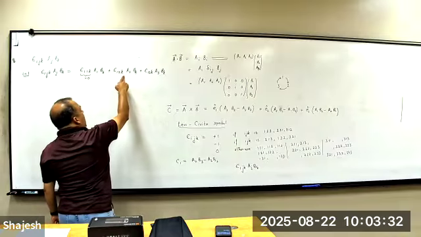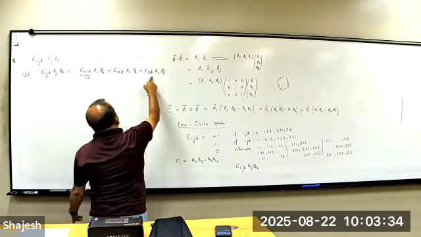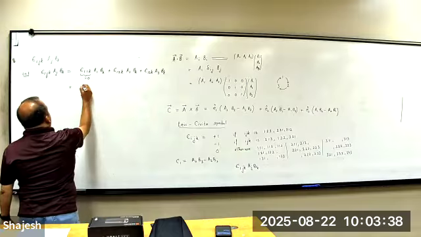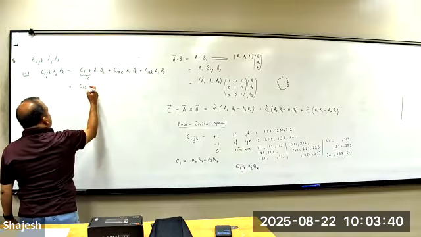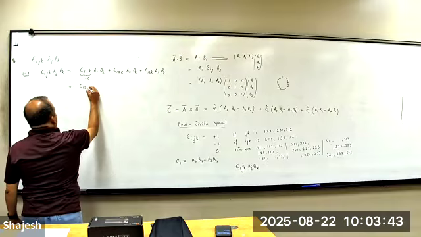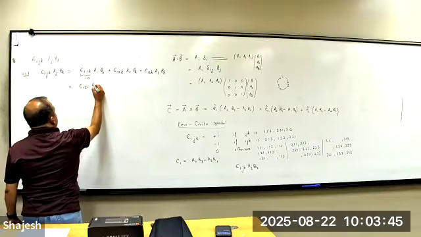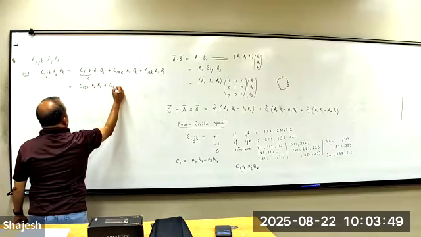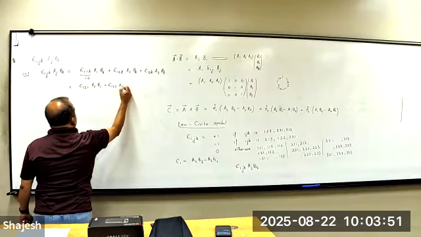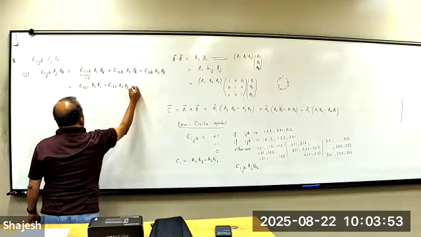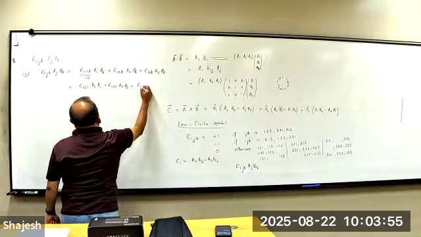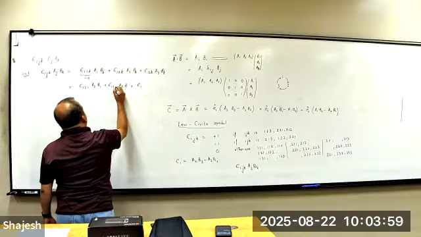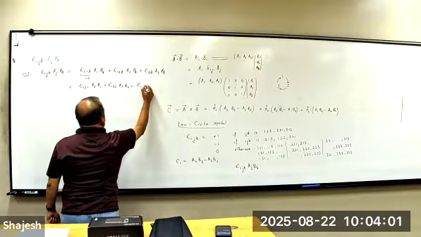Here it is 1, 2, so k can be different, and this 1, 3, it can be different. So I start from here now and say this 1, 2. Sum over this. So this is epsilon 1 2 1 A2 B1 plus epsilon 1 2 3 A2 B3 plus epsilon 1 2 2 A2 B2.